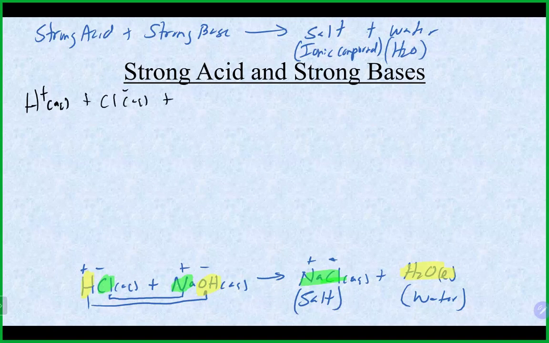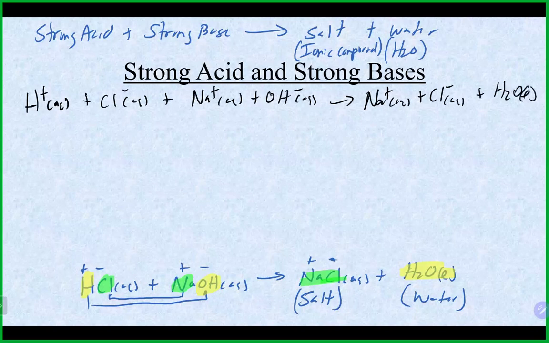We would have sodium ions and hydroxide ions from our base. We would have sodium ions and chloride ions from our salt on the right-hand side. And water, which is a pure liquid, much like a solid, will be kept together. This would be our total ionic equation.